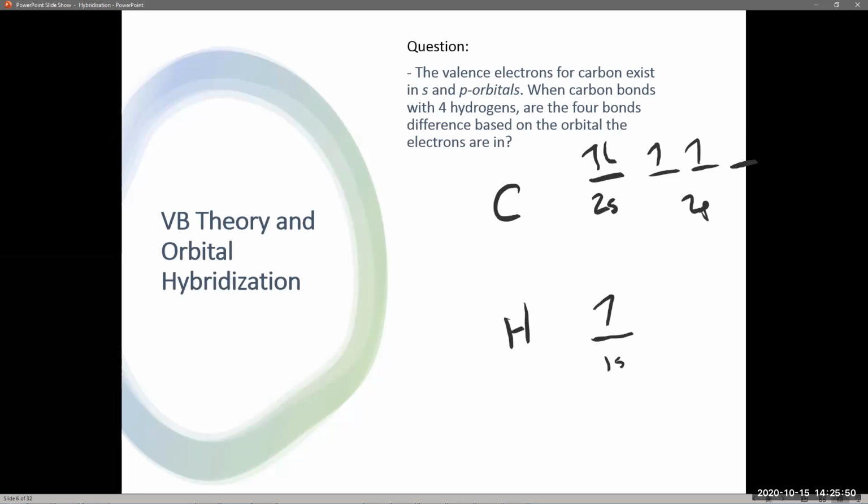Does this go here or does this go here? Which of these electrons does it grab, an S or a P? And if one hydrogen is grabbing an S orbital and the other hydrogen is grabbing a P orbital, are those bond lengths going to be different because they're different overlapping orbitals? So are the four bonds different based on the orbital the electrons are in?